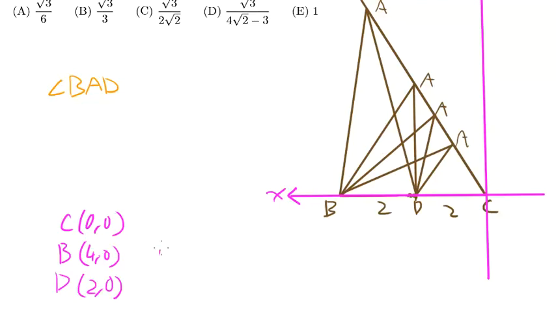So the coordinates of A will be, well, let's just say (x, root 3 x). Because it's a 60-degree angle, it's a property of 60-degree angles. If this is x, this has to be root 3 x.